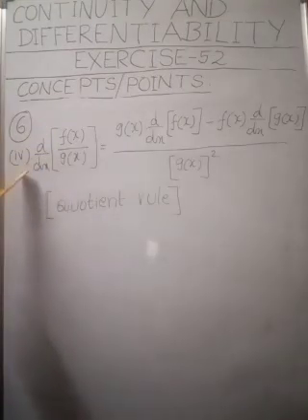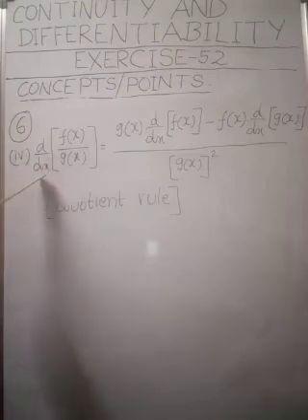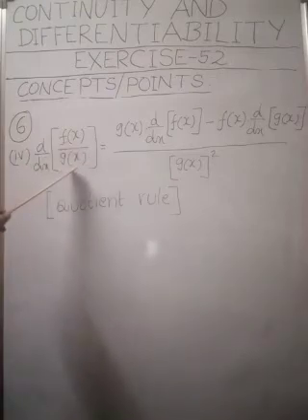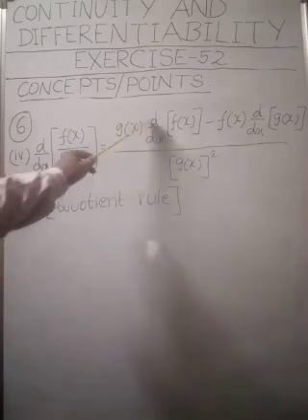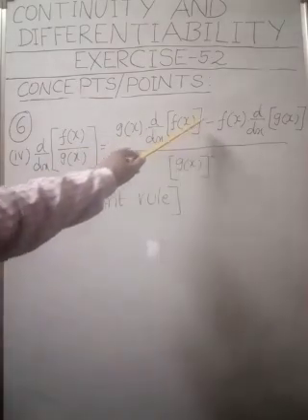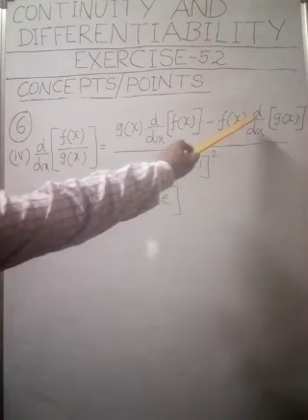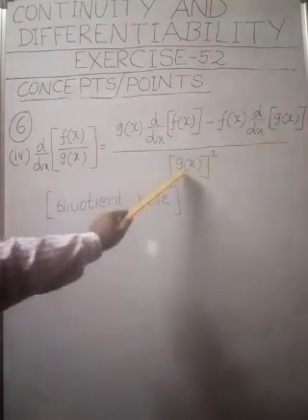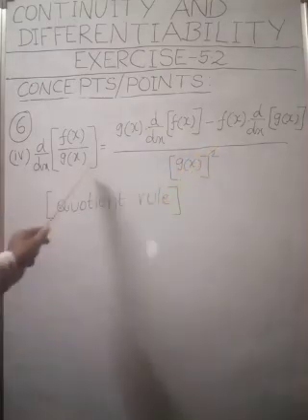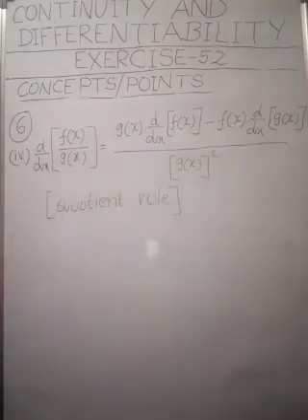Now come to the next point. D by dx of f of x by g of x is equal to g of x into d by dx of f of x minus f of x into d by dx of g of x, whole divided by g of x whole square. This rule is called quotient rule. You have already learned in 11th class.